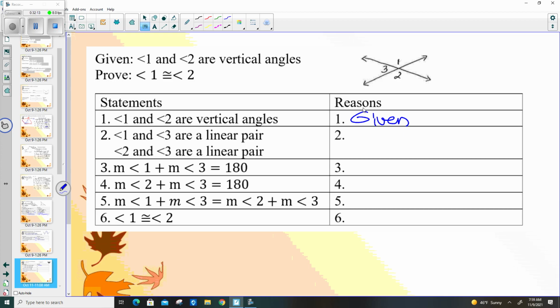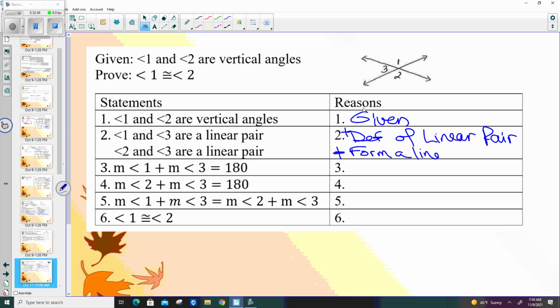So what that could be is definition of linear pair, because looking at the picture, I can see that those two angles together make that same line. A different way of saying it, if you don't like this definition of linear pair, because we just free-handed that definition, is that those two angles form a line. If that's an easier way to remember it, I don't care which way you say that one.